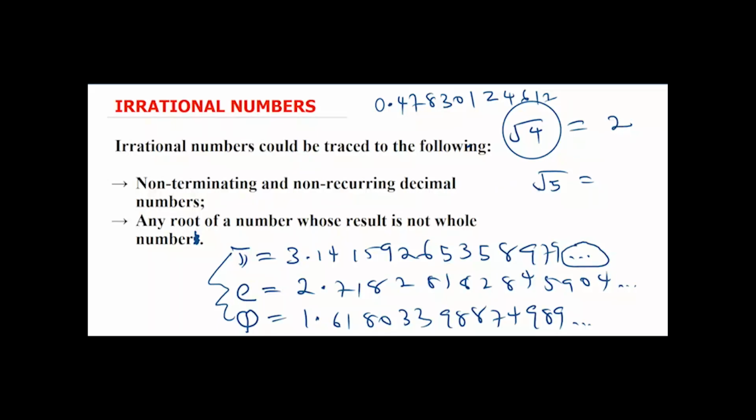So for that reason, the square root of 5 is an irrational number. Square root of 6, square root of 7, square root of 8, square root of 10, and so on and so forth. Once you punch your calculator and you have a decimal number, then you should know that the number under that square root, or the whole square root, is an irrational number. That is pretty simple.